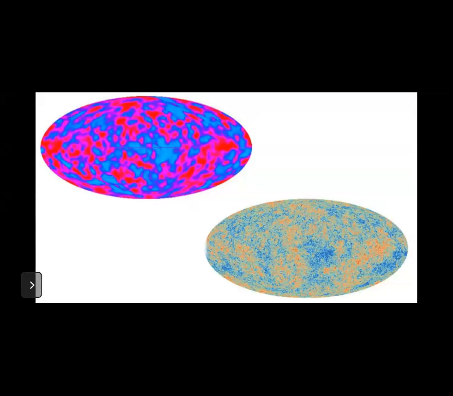Now, this cosmic microwave background radiation that I'm showing you, this visual here on the screen, has something traveling through it at 57% the speed of light.